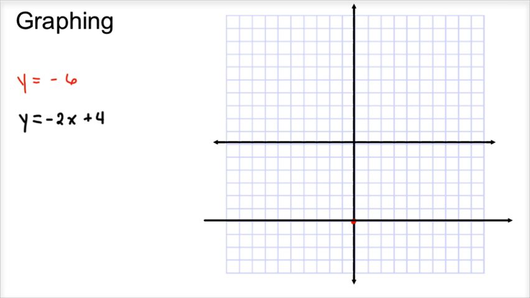Okay, and our second equation, y equals negative 2x plus 4, same as before. I'm going to go up 4, and then I'm going to go down 2, run 1, down 2, run 1, down 2, run 1. And you can see how this is a little tedious here. And we have a point of intersection here.